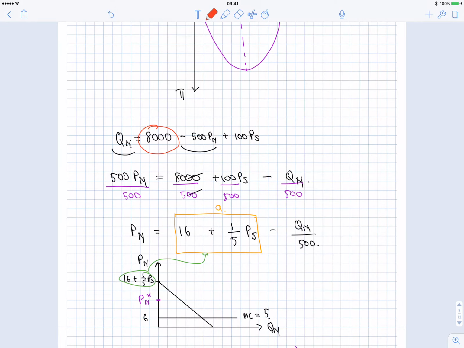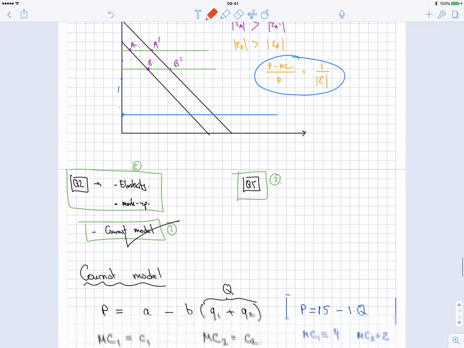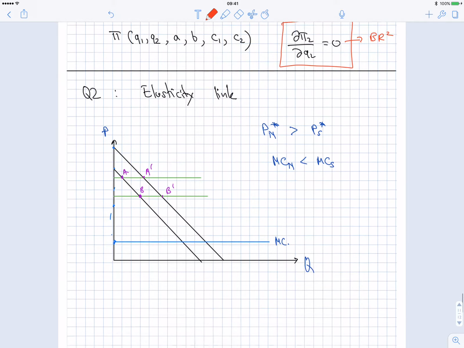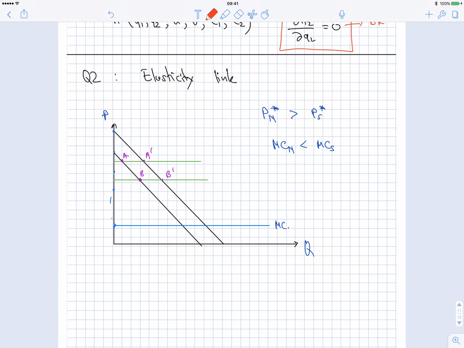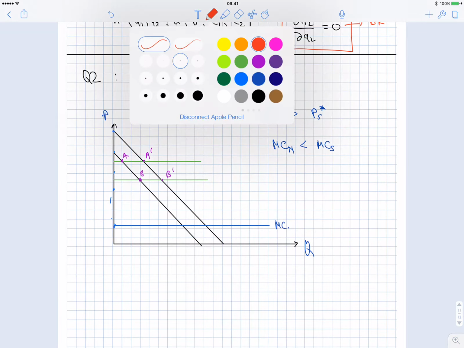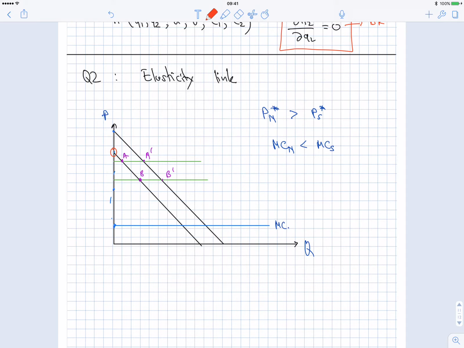The demand for the south side is 7,000, which means that the north side has a higher choke price, or a higher intercept. It kind of looks like this. So think of this as the choke price.